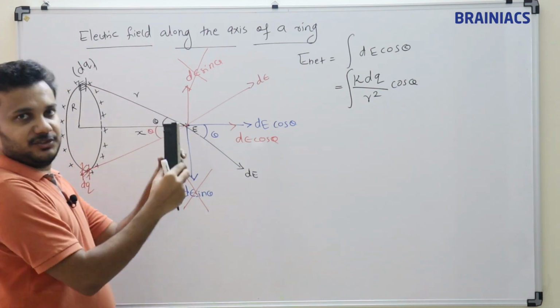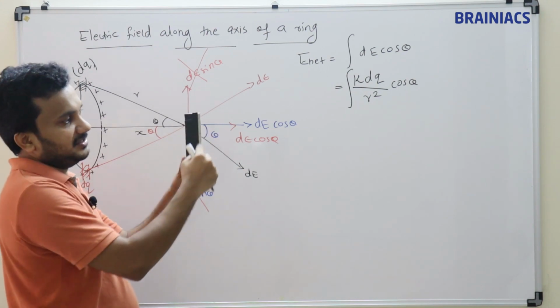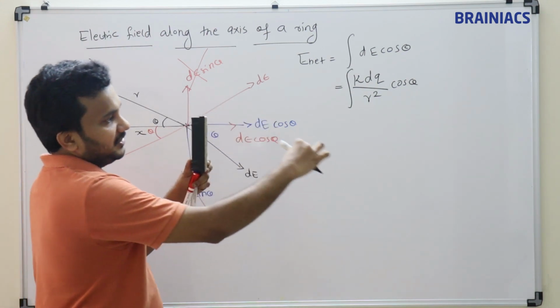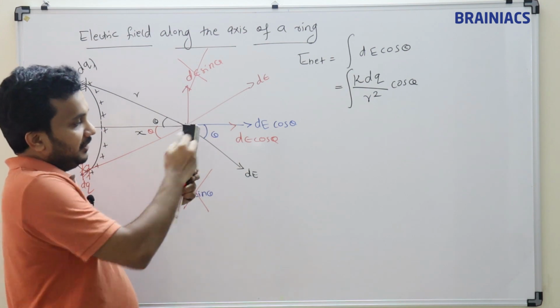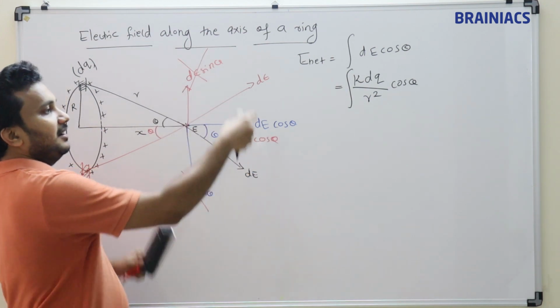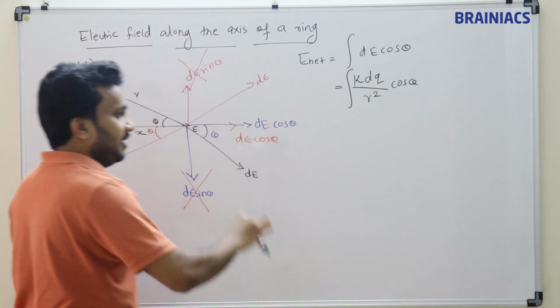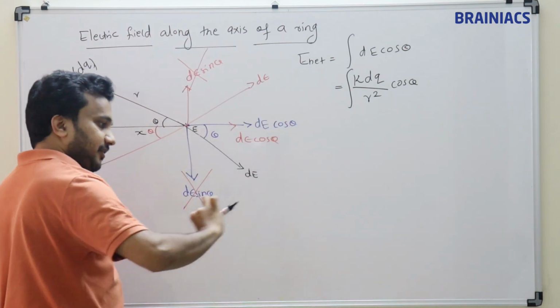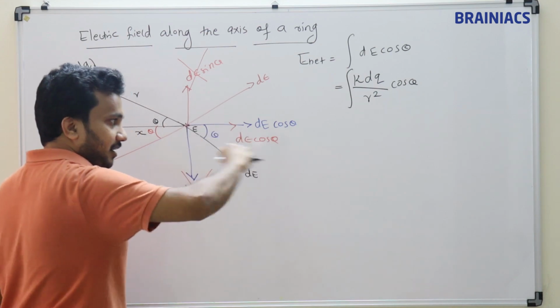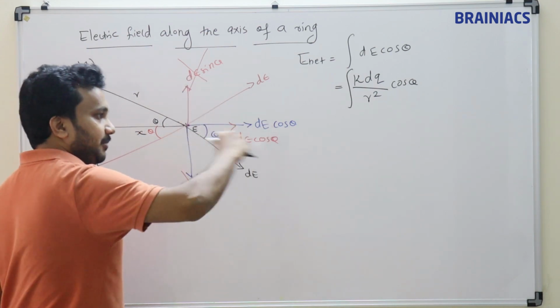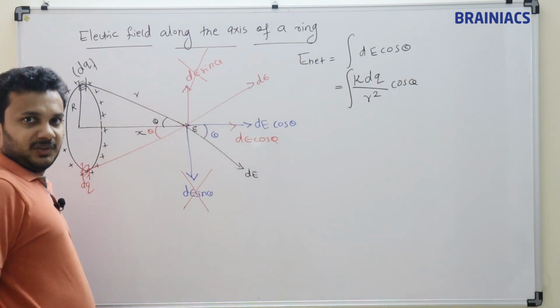Suppose you assume this duster is a ring. You take one distance r from here, r from this end, r from this end. All are coming towards the same point from different positions.